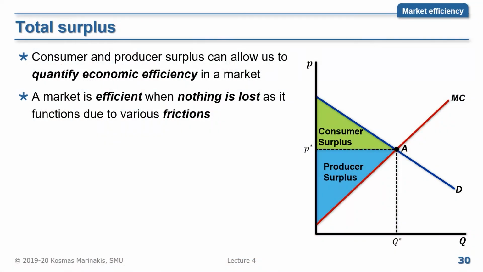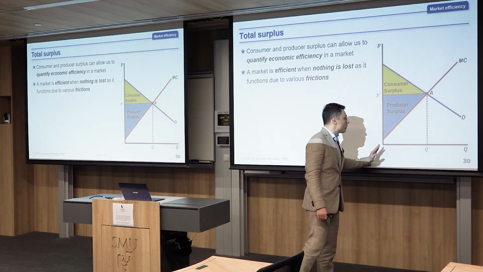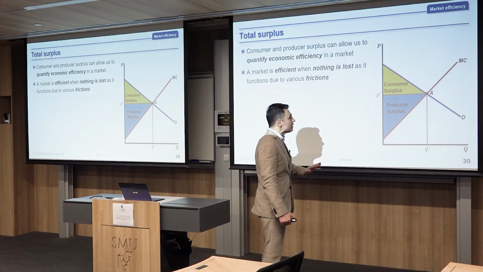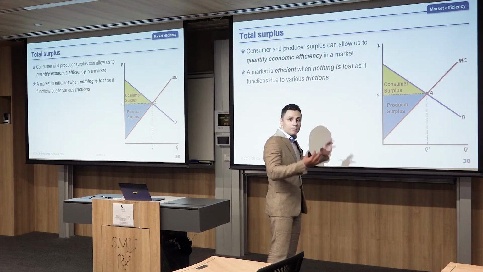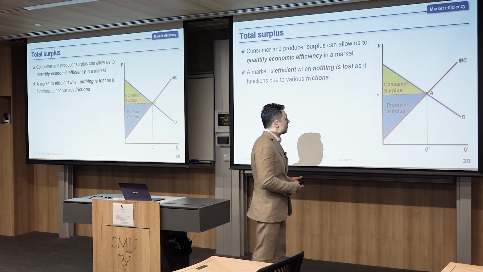So let's see that. This market has transactions from 0 up to Q star. Above Q star, nobody buys anything, nobody produces anything. So the relevant area I should look for is what happens between Q star and the origin. Above the demand curve, again, there is nothing because nobody demands anything above the demand curve.